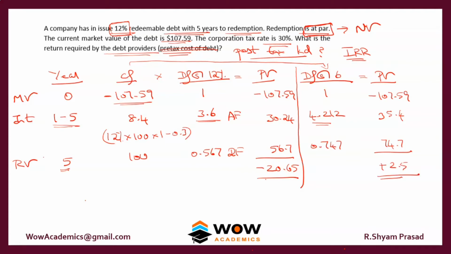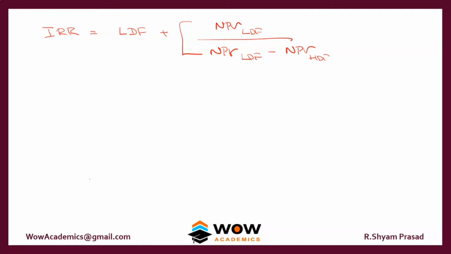Okay, so now we have to find out the IRR for this. So what is the formula for IRR? Low discount factor plus NPV at low discount factor divided by NPV at low discount factor minus NPV at high discount factor.